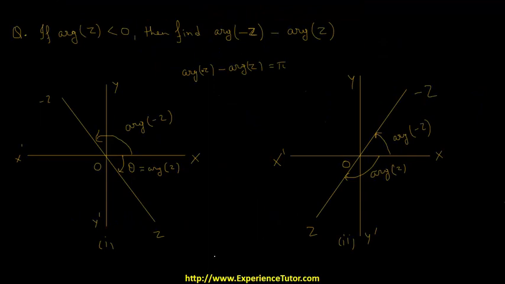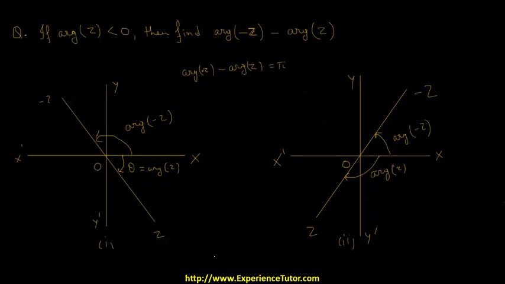The next question is an easy one. If argument of z is less than 0, then find argument of minus z minus argument of z. For this we will draw two graphs. In the first graph you can see the argument of z, theta, is equal to argument of z, and argument of minus z is equal to the second angle made with the x and minus z axis.